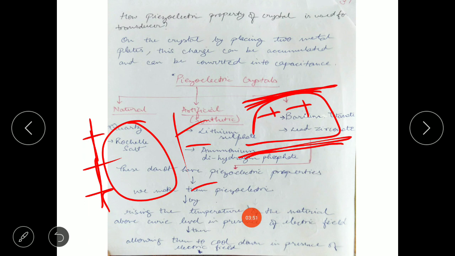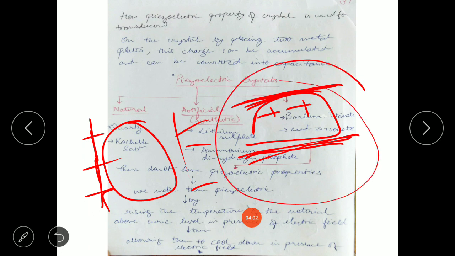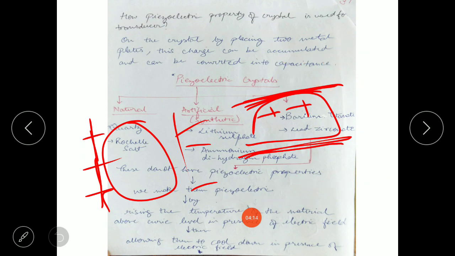When you apply force to the piezoelectric crystal, charge will get generated on its surface, and these metal electrodes will accumulate the charge, and therefore this piezoelectric crystal will work as a capacitor. The charge so accumulated on the metal electrodes can be transferred to other levels. This I will tell you in my later slides.